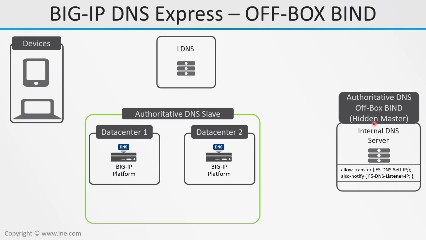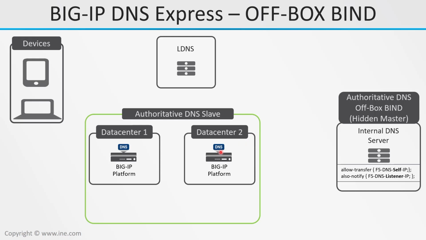So if you have a robust management tool for updating DNS records, you could still use that and have that act as a hidden master, and then use what the F5 DNS can be really good at, which is responding to requests faster. So DNS Express specifically puts these records inside of memory in the F5 DNS.